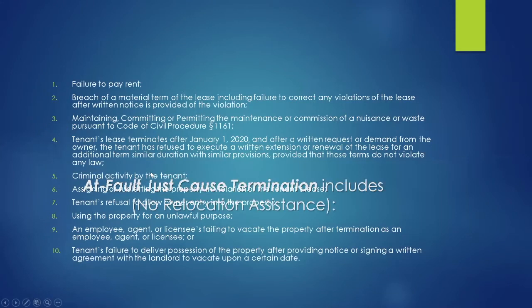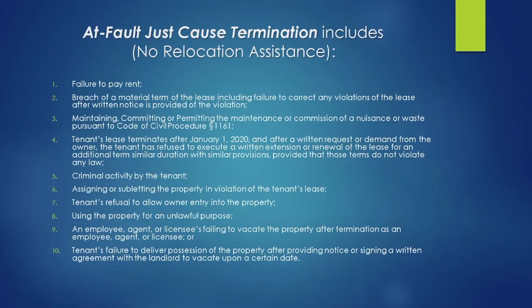And then at-fault just cause termination includes no relocation assistance. You can still remove a tenant for failure to pay rent, breach of a material term of the lease, including failure to correct any violation of the lease after written notice is provided to the tenant, just as you would in any 3-day notice to cure covenant, maintaining, committing, or permitting the maintenance or commission of a nuisance or waste pursuant to the code.